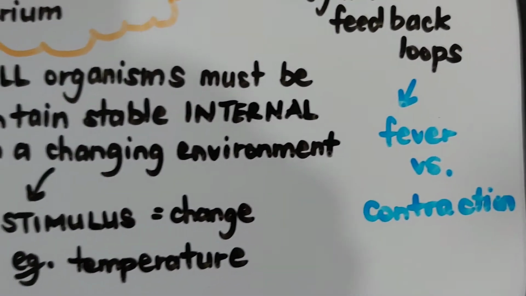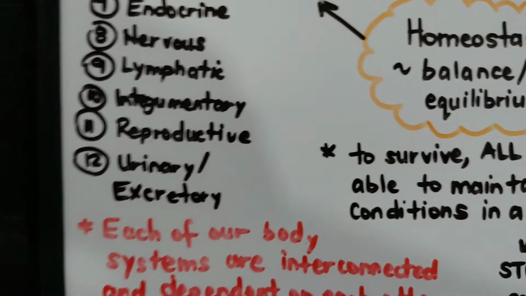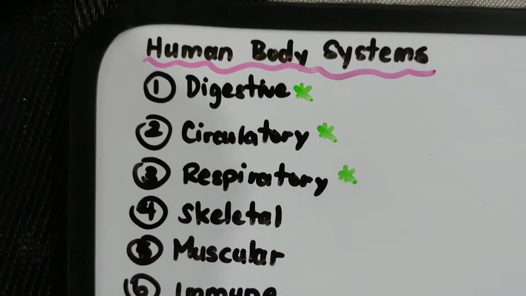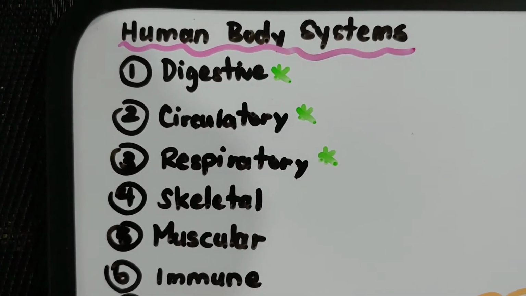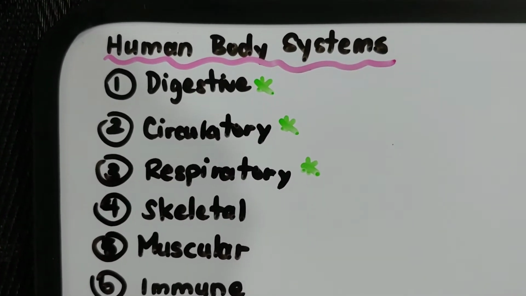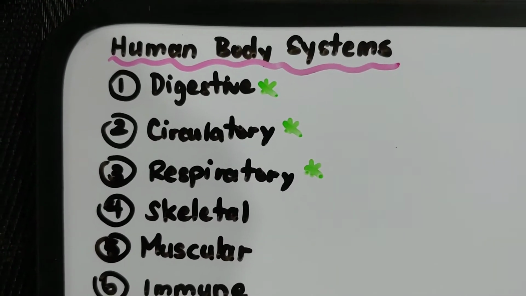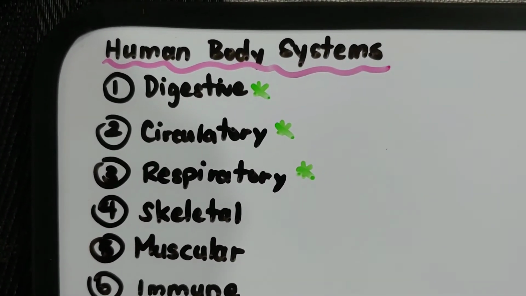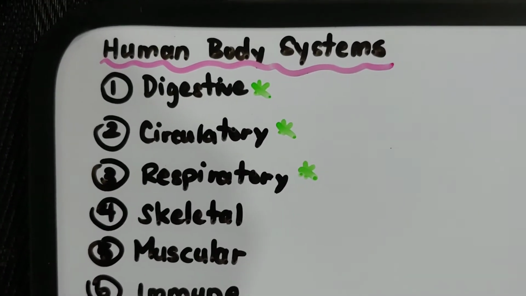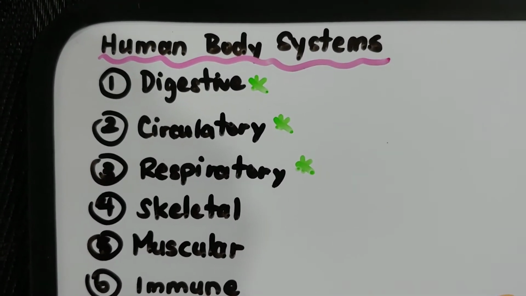Now, in the case of our course, we are going to be examining three main human body systems in our grade 11 course. That would be the digestive, circulatory, and respiratory systems, otherwise known as the gastrointestinal, the cardiovascular, and the respiratory systems, as you know, or respirology.